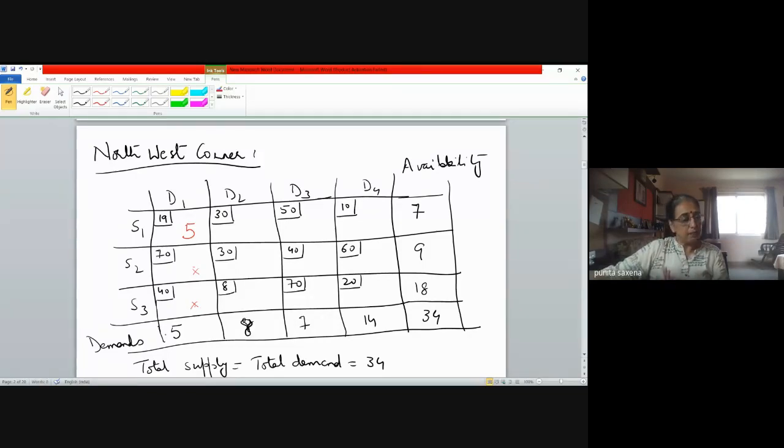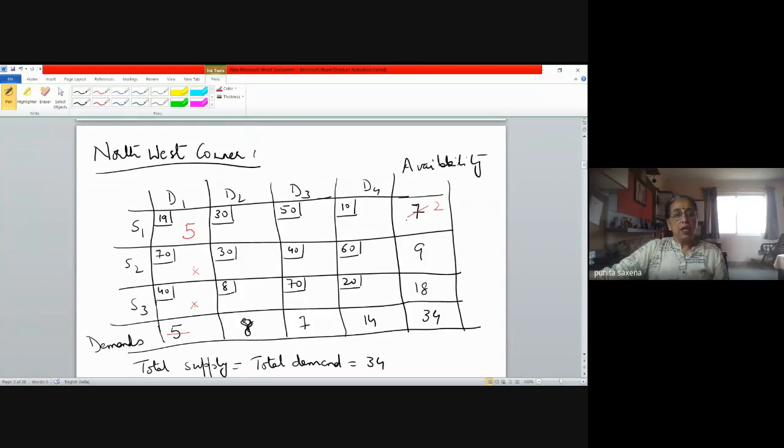This is complete now. But source 1 had 7 units with it. It has supplied only 5. So it is left with 2 more units that it can supply. So it is not a 0, 0 case.